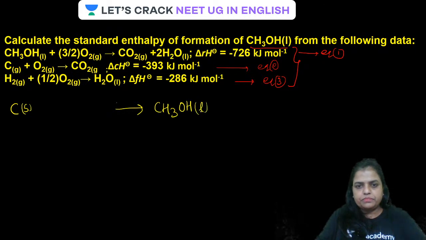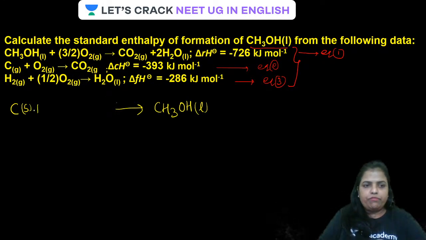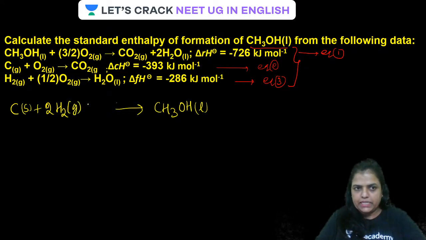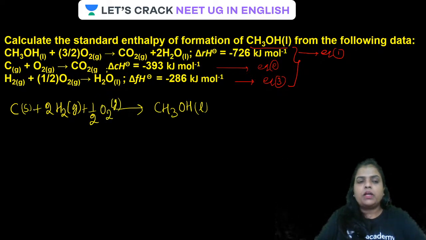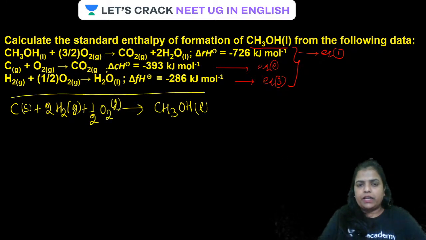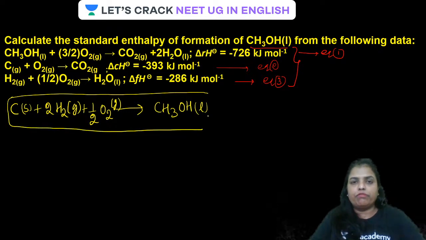Now, total hydrogens are 3 plus 1, that is 4. Therefore, we must have 2 moles of hydrogen gas. And 1 mole atom of oxygen. Therefore, this should have half mole of oxygen gas. This is the required reaction for the formation of 1 mole of methanol.